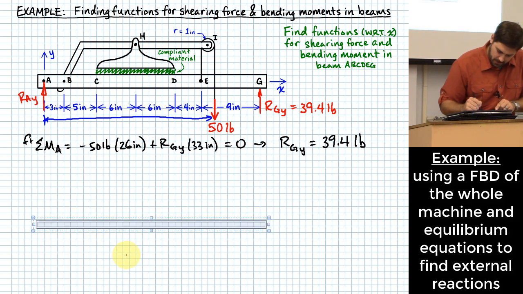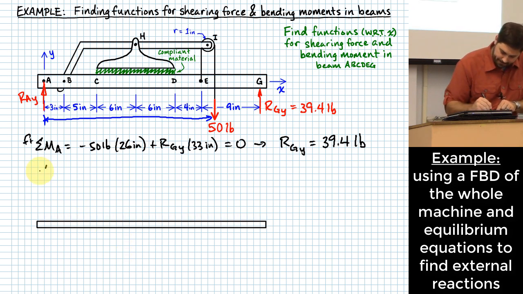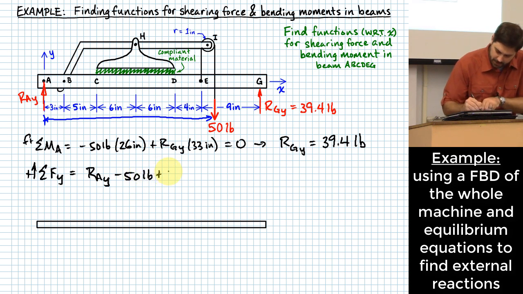All I have to do for RAY is sum the forces in the y direction. So I'll have RAY minus 50 pounds plus 39.4 pounds is equal to 0.